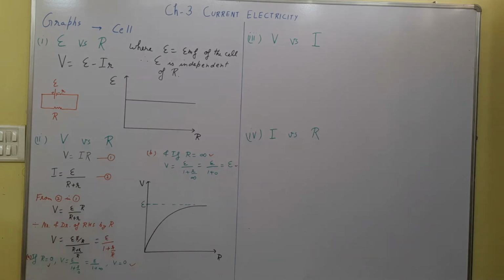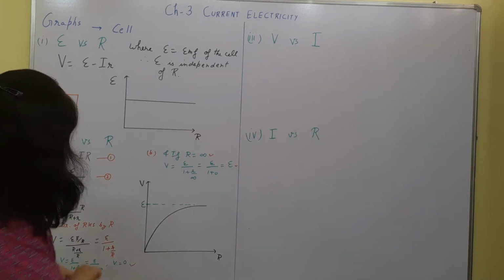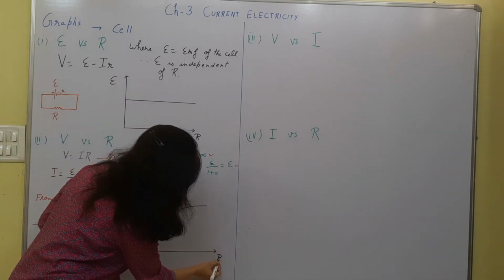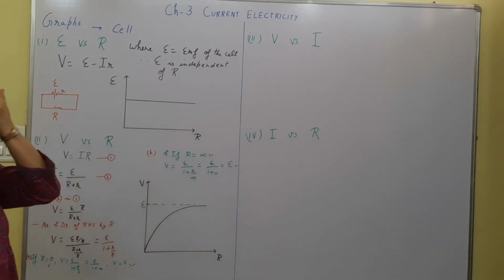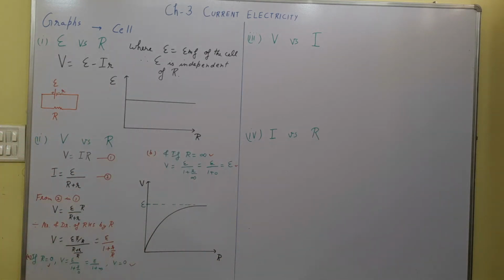So I hope this graph is clear. We can move on to the next graph: voltage versus current.